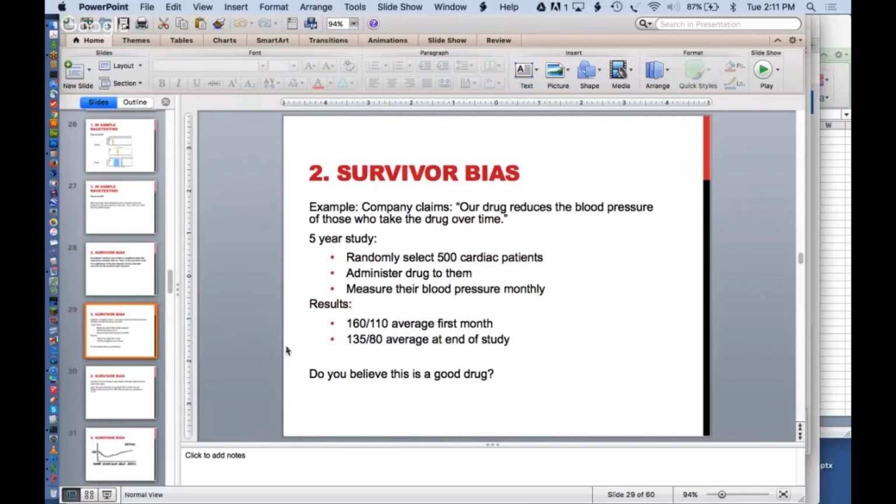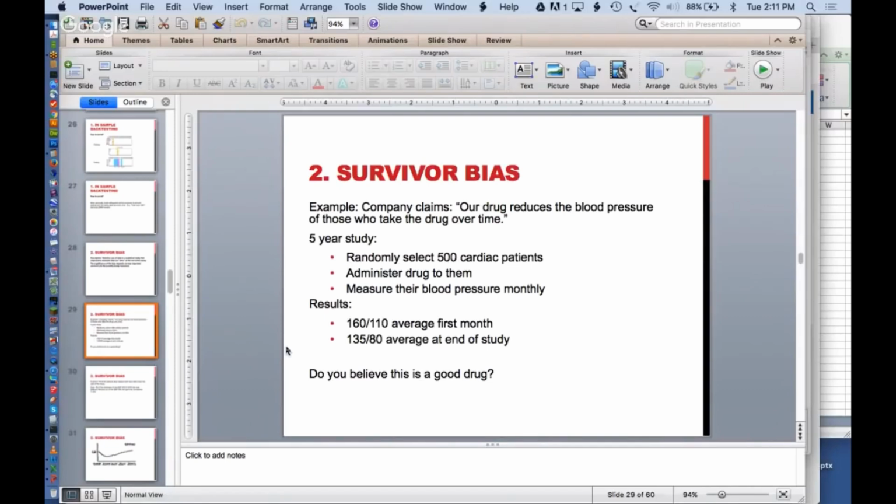So the first month, the average blood pressure was 160/110, which is high. By the end of the study, our average patient now only has a blood pressure of 135/80. It sounds like our drug is fantastic, right?